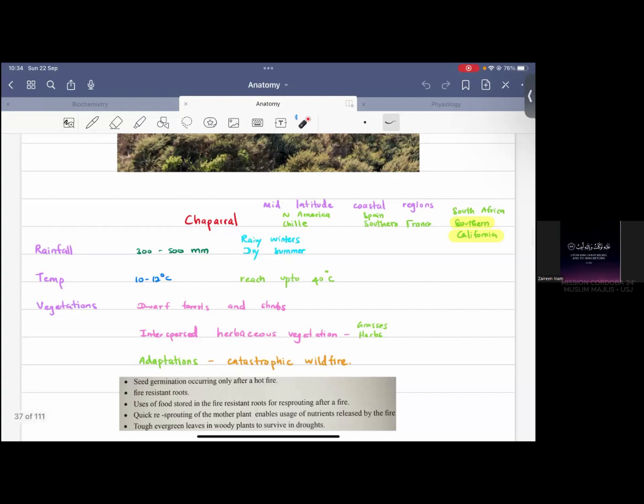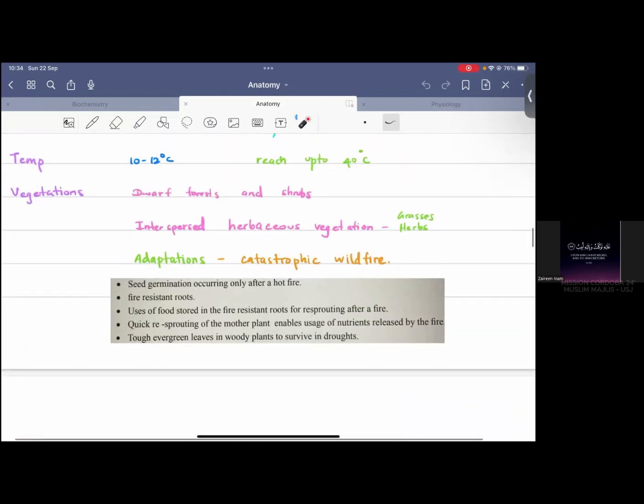So what are the adaptations of the plants in chaparral? Seed germination occurs only after a hot fire. It will only happen when there is a hot fire. So that is one thing. And they have fire resistant roots, so the upper part may be damaged, but the roots will still be there, so they can grow again. Food is stored in the fire resistant roots, and this helps in resprouting.